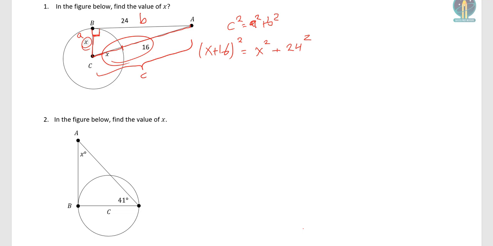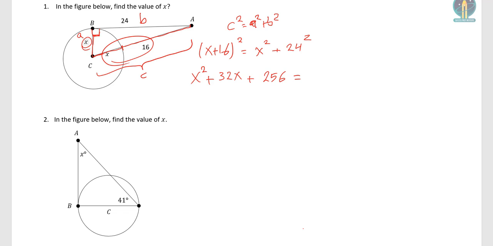Just start expanding this. So x squared plus x times 16 times 2, which is 32x, plus 16 squared, which is 256, equals x squared plus 24 squared, okay?